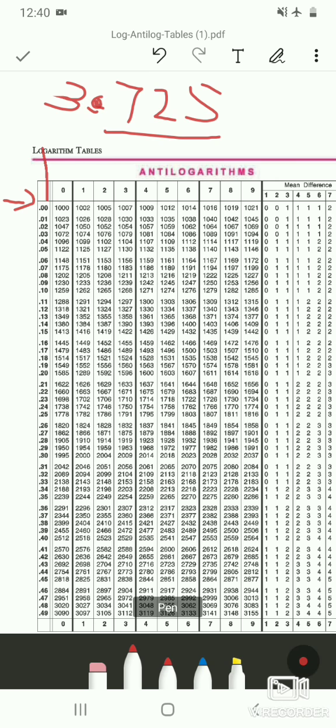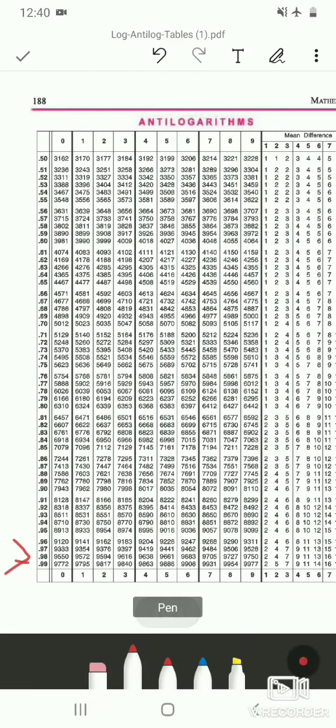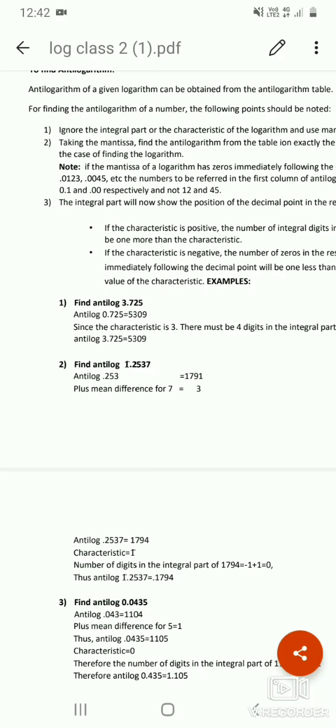In the first column you have to find 72, which is over here. 72 under 5 would be the value intersecting these two, which is 5309. So the antilog of 0.725 is 5309.